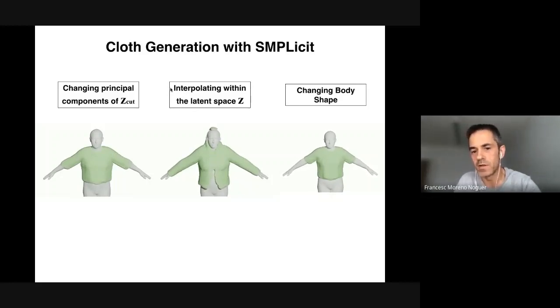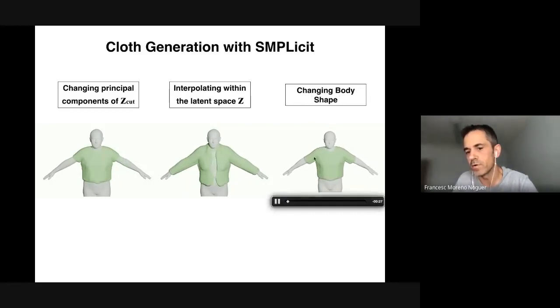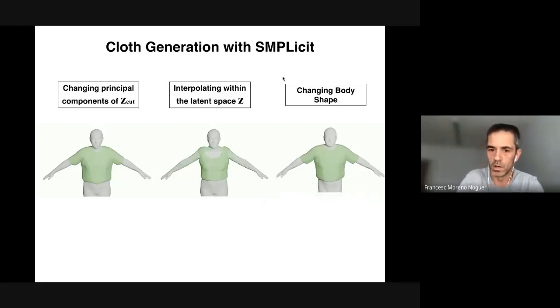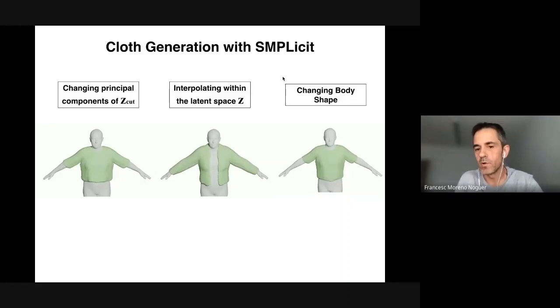You can see here that it becomes a jacket, so it's open. This is a change in topology, which was very hard to represent in a single model before, but we could do it. And finally, we see that we can change the body shape and retain the geometry of the clothes. All right, those are the generation capabilities of the SimpliCity model.